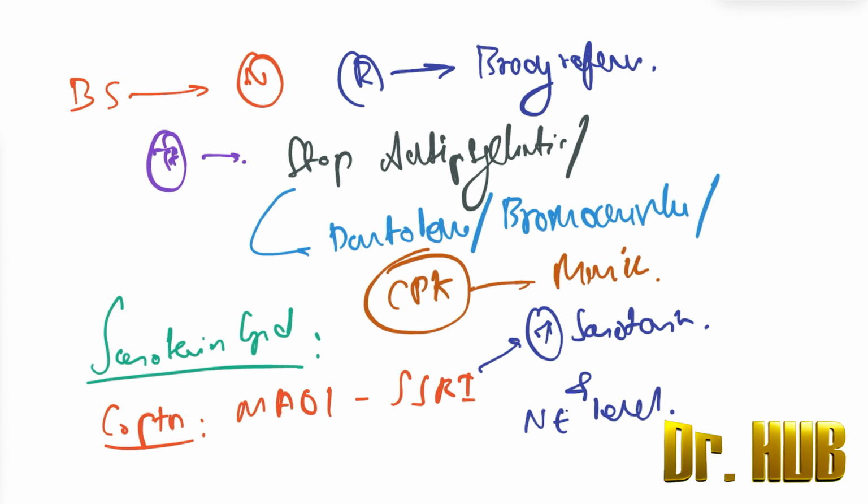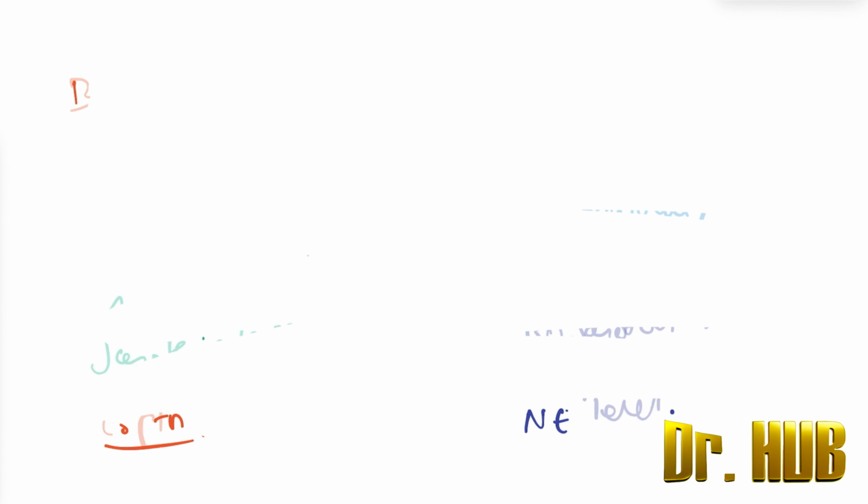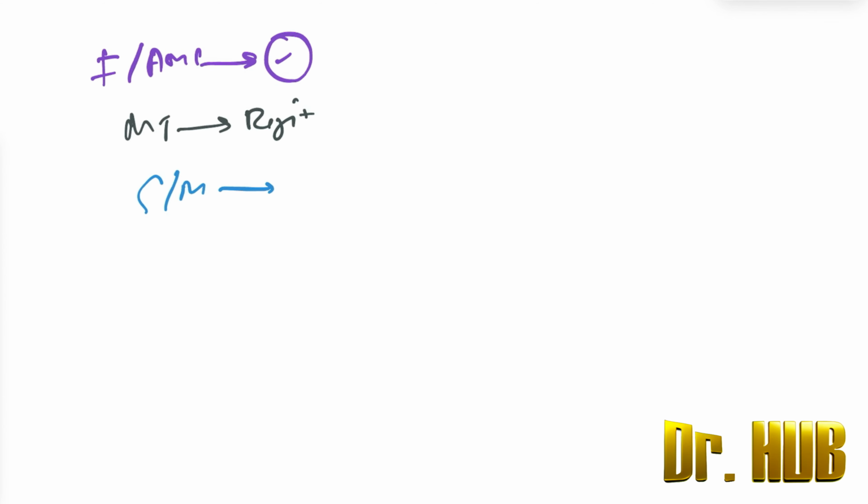What about the fever and the altered mental status? This is present, that is, it is positive. The muscle tone is rigid. The skin and the mucosa are wet. What about the pupils?